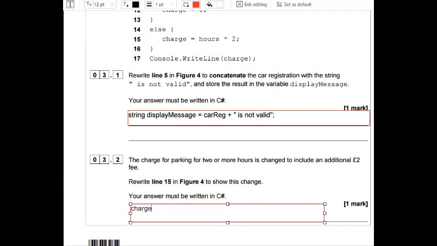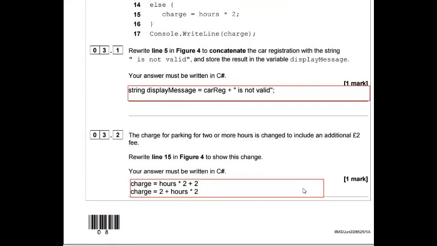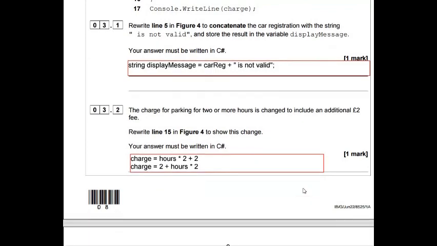You can have charge equals hours times 2 plus 2. Or you could have charge equals 2 plus hours times 2. Any of these ways will get you a mark. Either one of them. Doesn't matter which order you do it. This is fine.